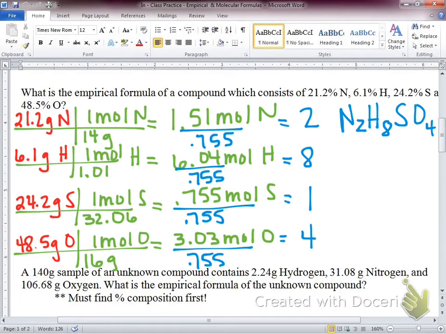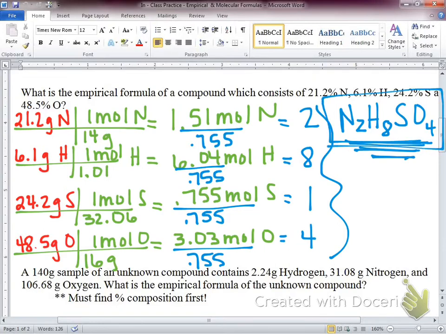Okay, so when you write your answer, you're not just giving me the final ratios. You're giving me this compound, this empirical formula, a chemical formula. Okay? Good question. So your final answer here is N2H8SO4.